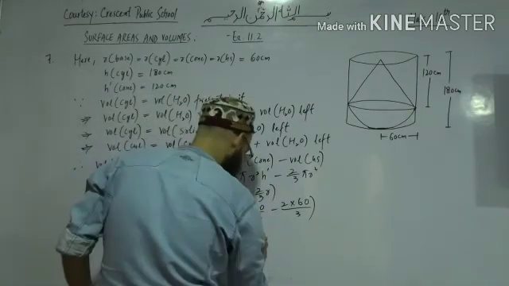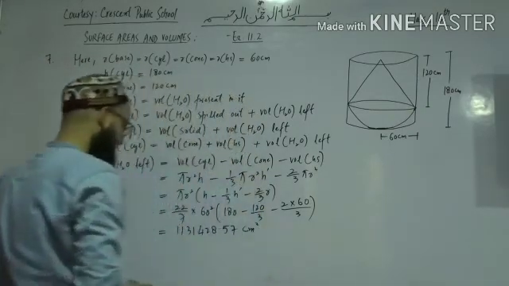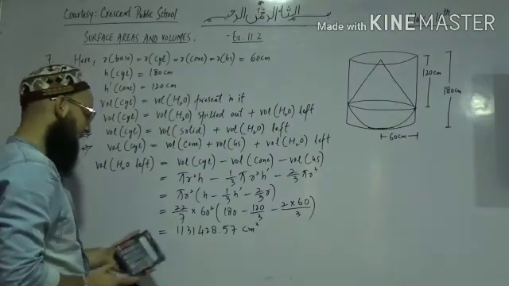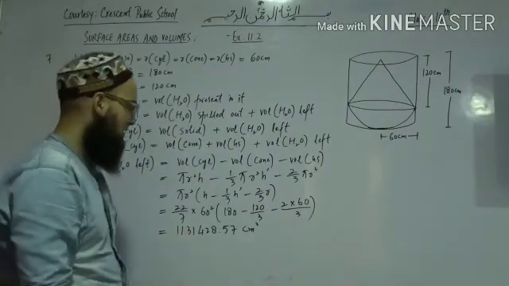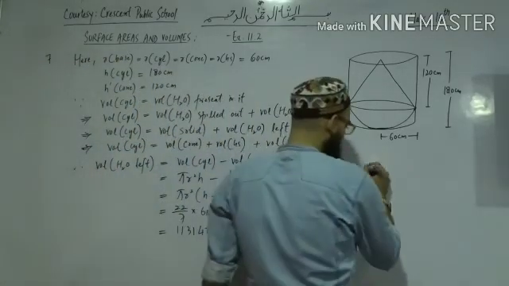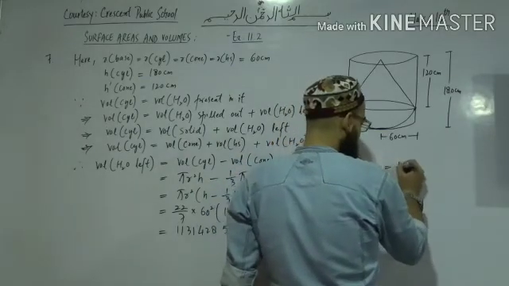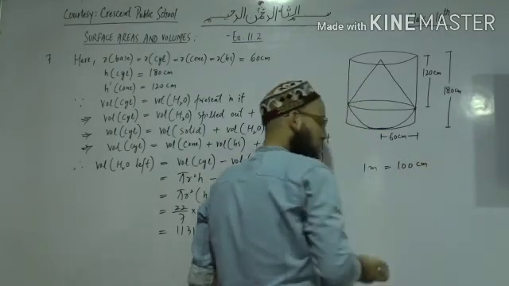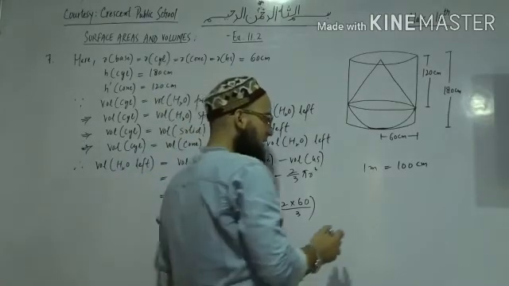Units are centimeters, so it's cubic centimeter. That's your answer. You can convert this in cubic meters also. You know that 1 meter is equal to 100 centimeter.